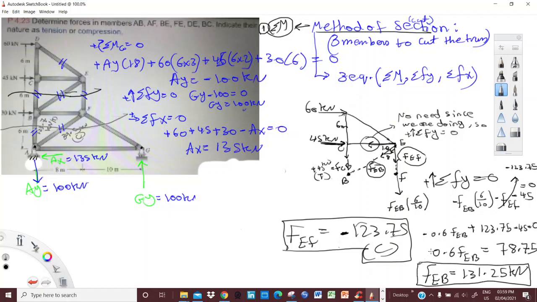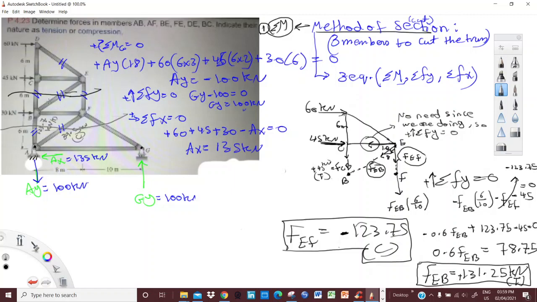Okay, guys. So right now we found FEB. Is it tension or compression? It is tension. Don't forget to say it's tension, so it is positive. So we found this beam.